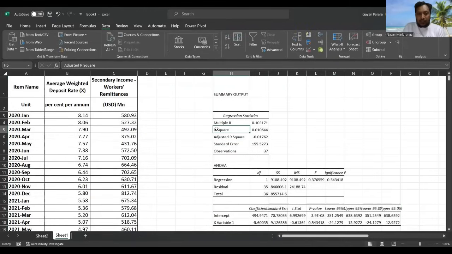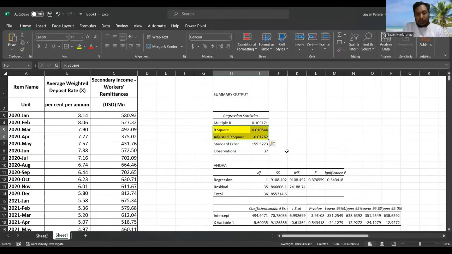Now look at this R squared and adjusted R squared. See, it's 0.01 and minus 0.01. They are very, very close to zero. So as I told you before, there is no clear linear relationship between the two variables.